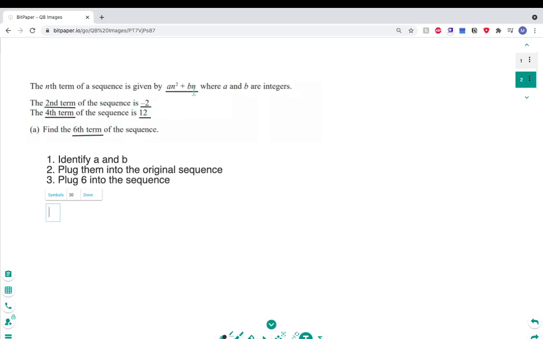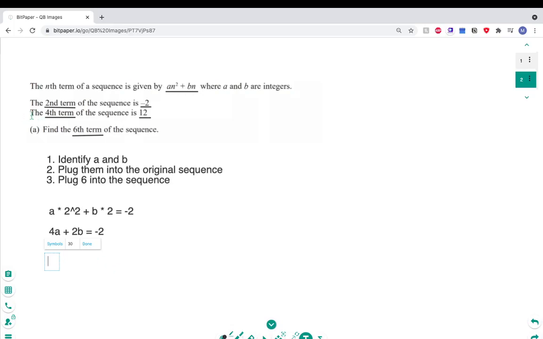So if we try to incorporate that algebraically, the second term, which is represented by n, so a times 2 squared plus b times 2 is equal to minus 2, is what they've told us. And so if we simplify that, that gives us 2 to the power of 2 is 4, so 4a plus 2b is equal to minus 2.